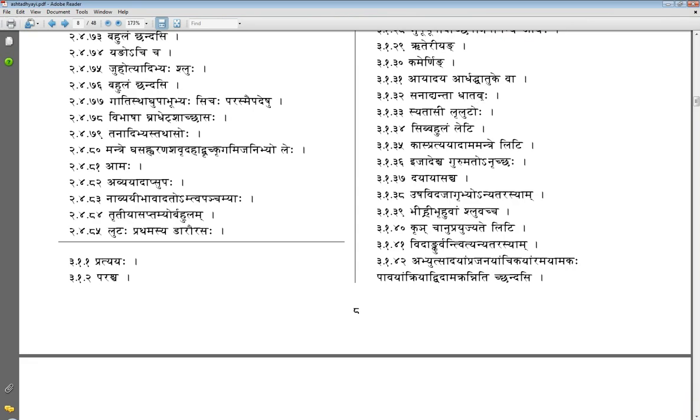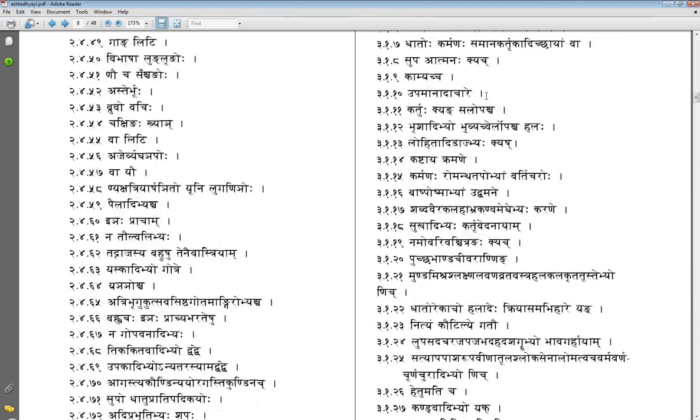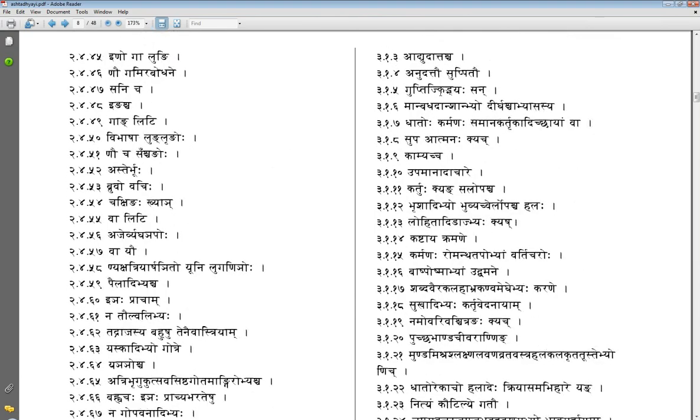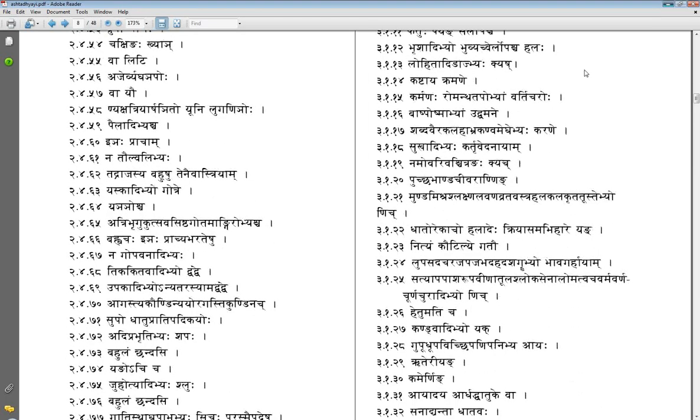So these sanadis, which start from 3:1:5-ish, will get the dhatu sanjna. Because normally dhatus are in the bhuadi gana, in the dhatu patha. But these, which are derived from 3:1:5 to 3:1:31, sanadhyanta dhatavah, also get dhatu status, and so they can also take the lakaras and the krut pratyayas.